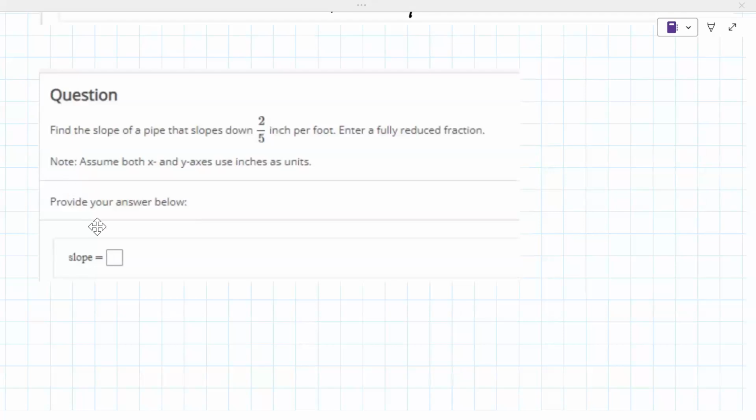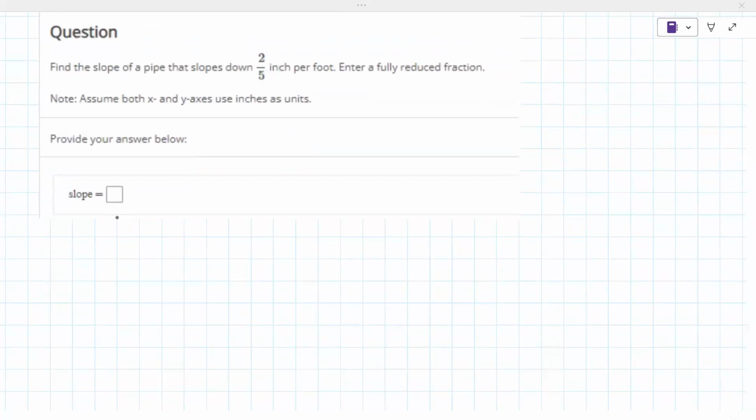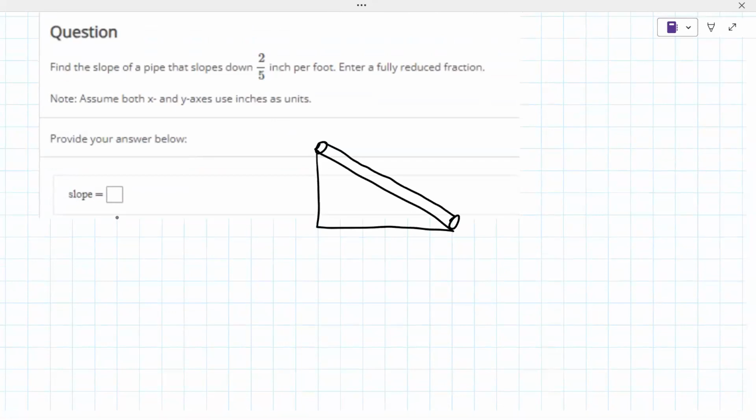There's the pipe. It's going down 2/5 and right 1 foot, but we know from last time that's really 12 inches. We've got to have the same units.